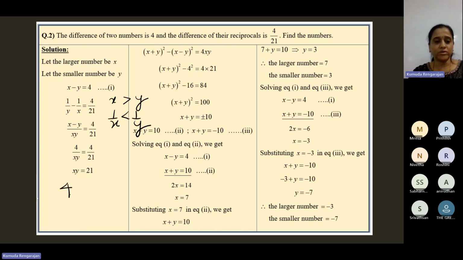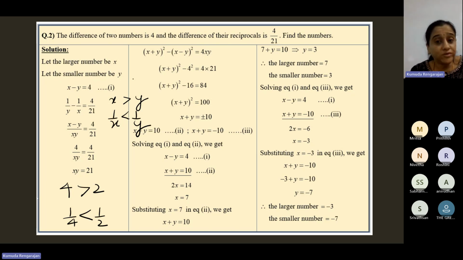Example, 4 is greater than 2. The reciprocal of 4 is 1 by 4. The reciprocal of 2 is 1 by 2. And the inequality here is 1 by 4 is less than 1 by 2. 4 is greater than 2, but when you consider the reciprocals, 1 by 4 is less than 1 by 2. So if x is greater than y, 1 by x will be less than 1 by y.